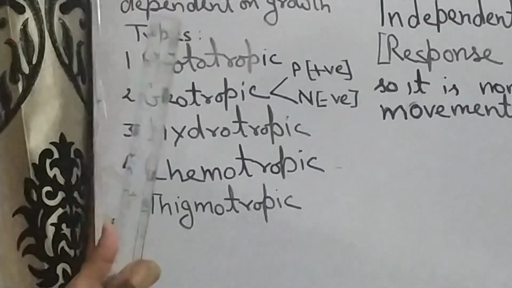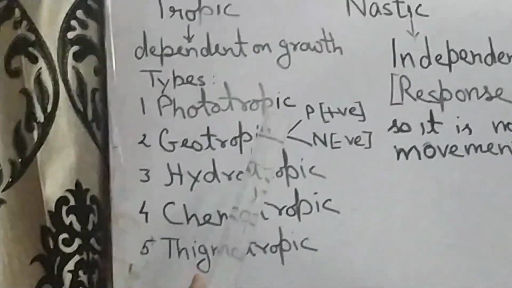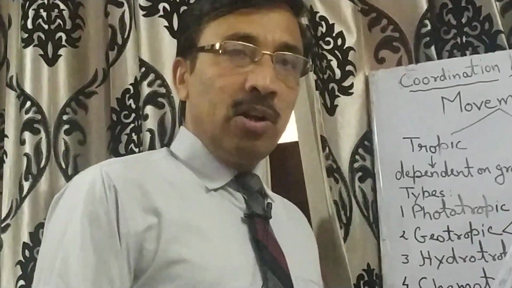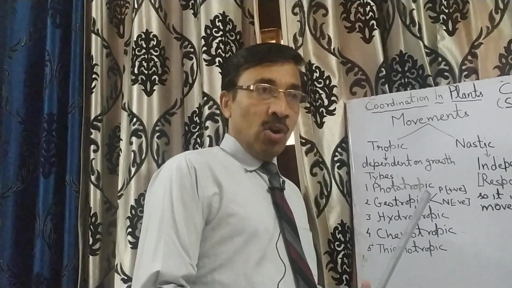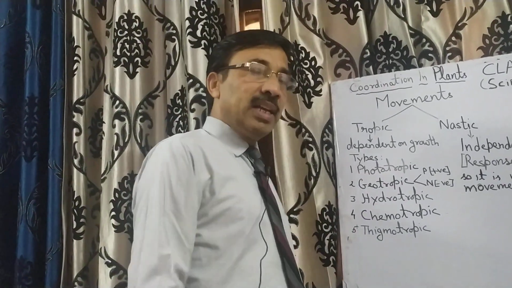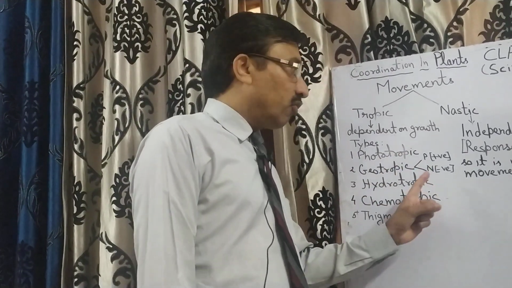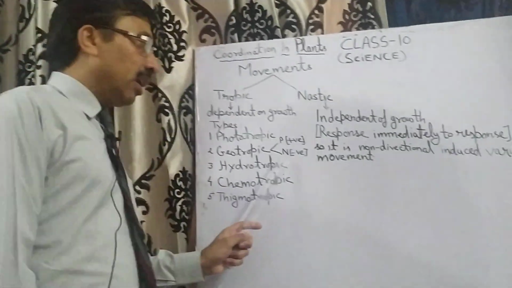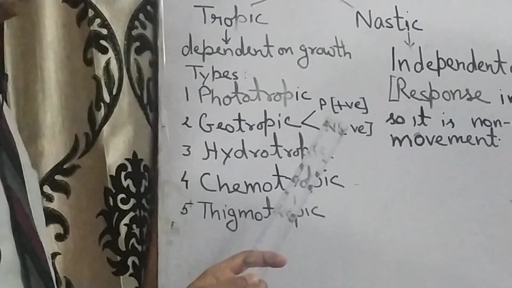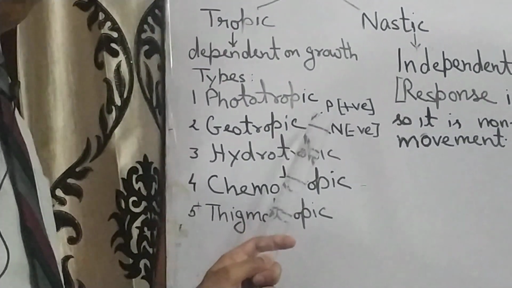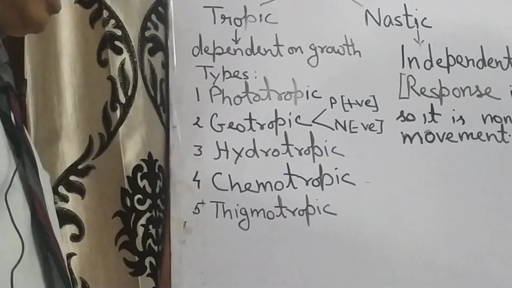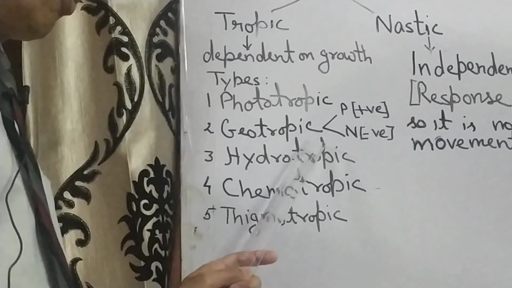Now, another one is geotropic movement. Geotropic means movement towards gravity, and the movement towards gravity is geotropism or geotropic movement. It is of two types, one is positive and another is negative. If the plant shows movement towards the gravity, it is called positive geotropism.